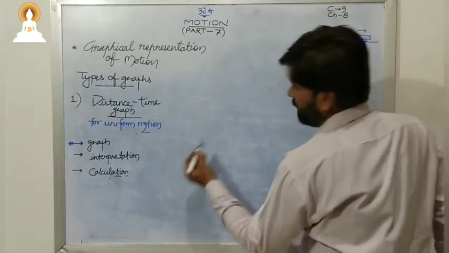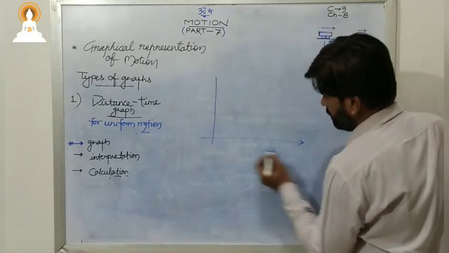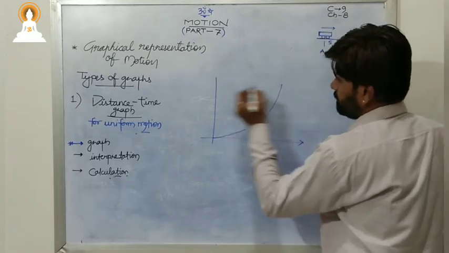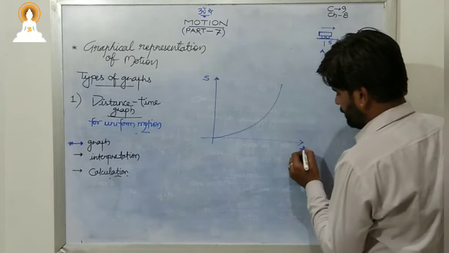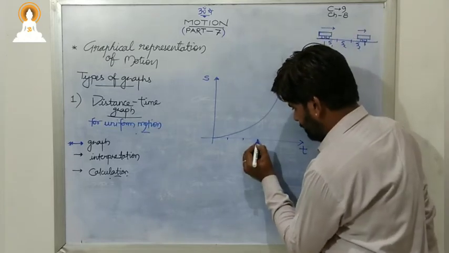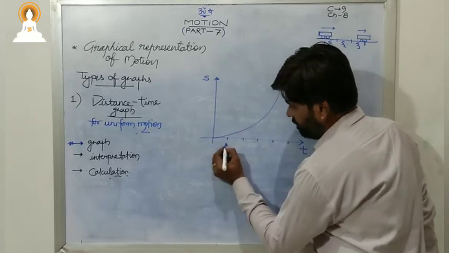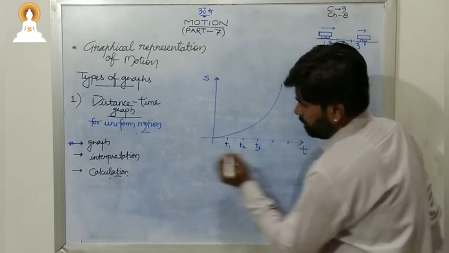Now the graph, as I have already told you. Suppose this is the graph. This is the distance and this is the time. According to this, if we equally divide this time axis, we will see that this is t1, this is t2, this is t3.